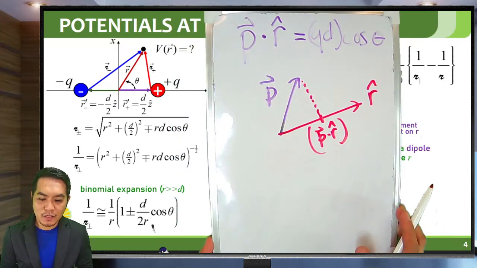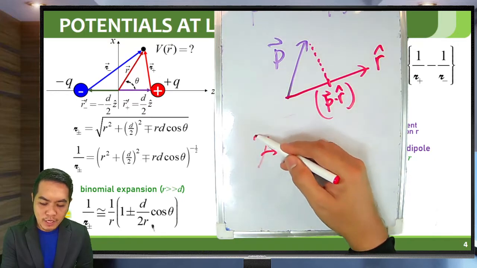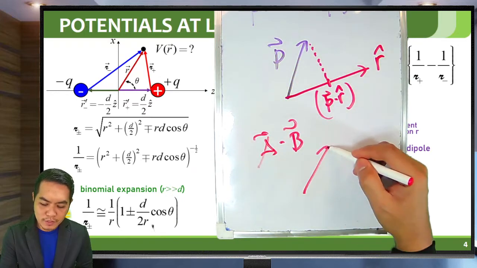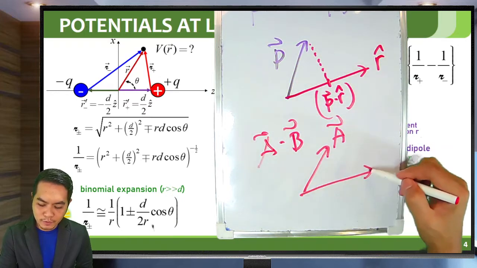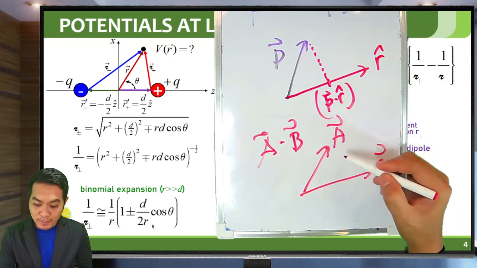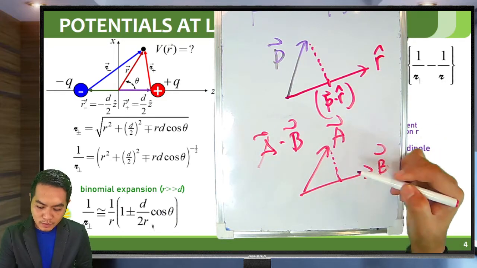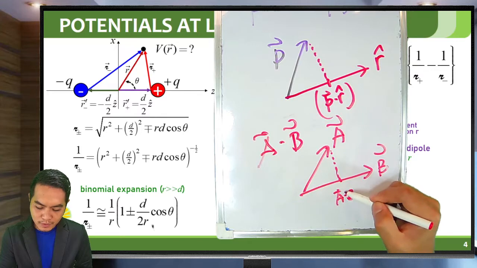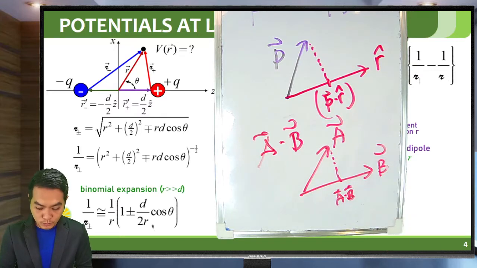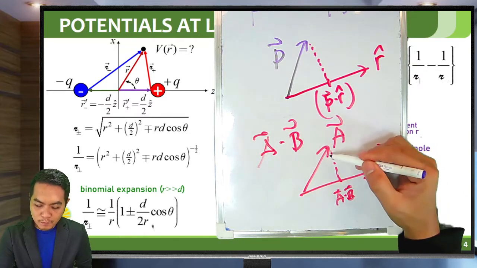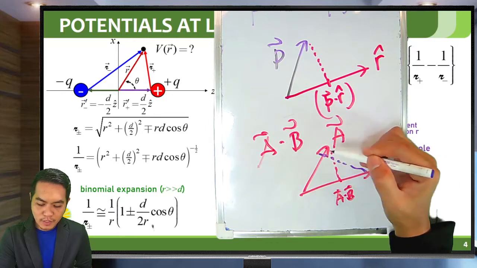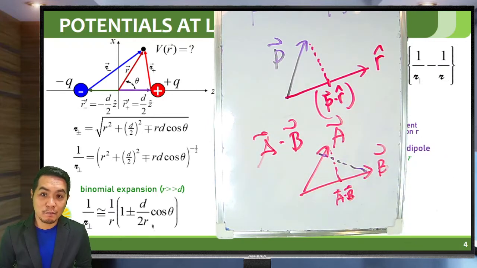So in general, if you will recall, if you have vector a and vector b, then a dot b is the component of a on b. Or you can also do the reverse, the component of b on a, that's still a dot b.